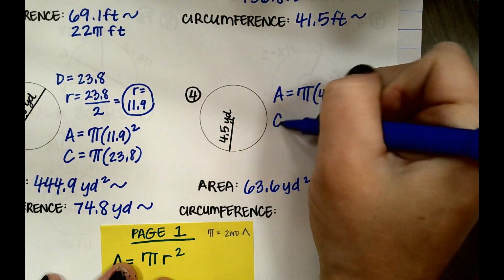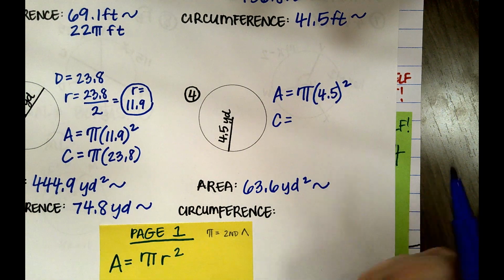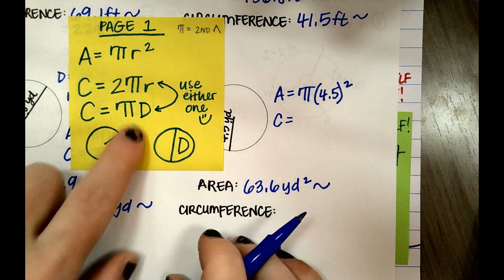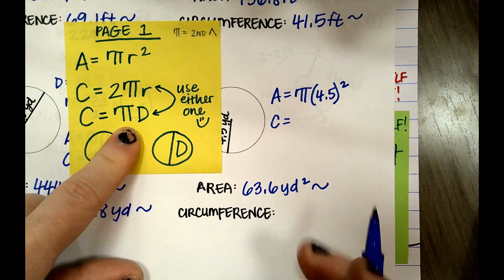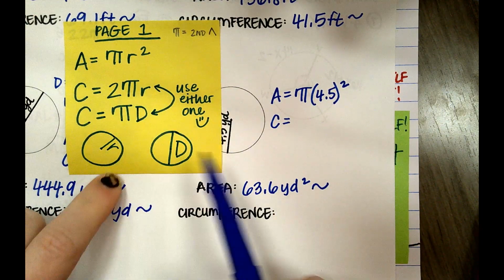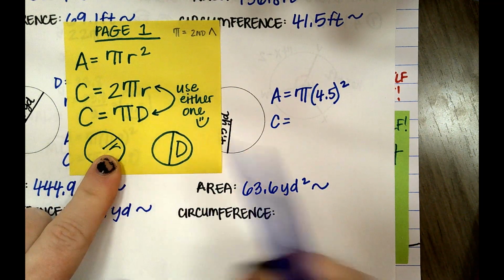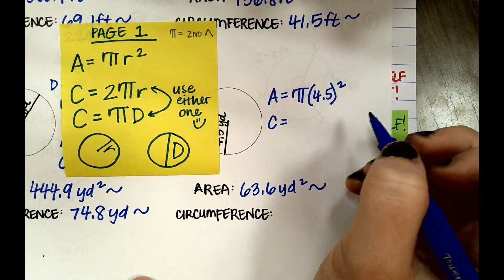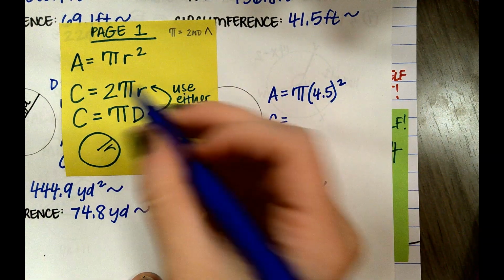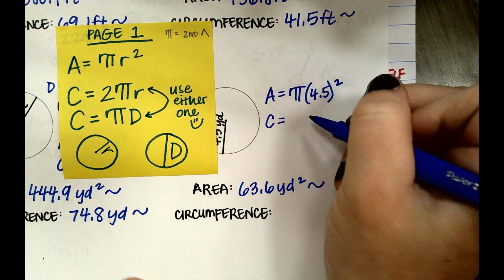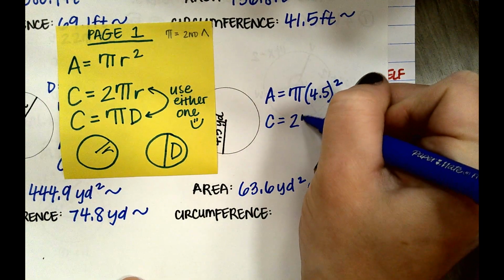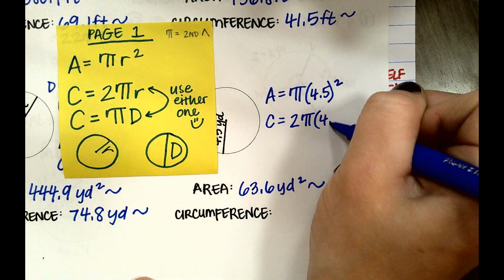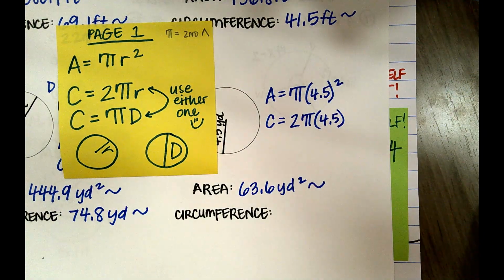And now circumference. We said we have a radius. So I could just double that and use that same pi d that I like to use, but I could also not double it and just put a 2 in there, which doubles it for you actually. So we're going to double it regardless, but we can do it all in one step with that first formula. So I have 2 times pi times radius, which is 4.5.